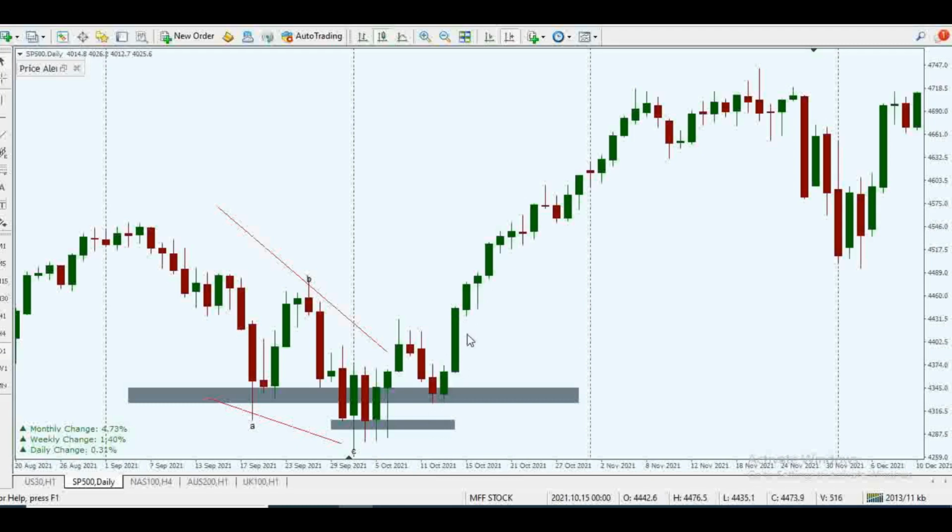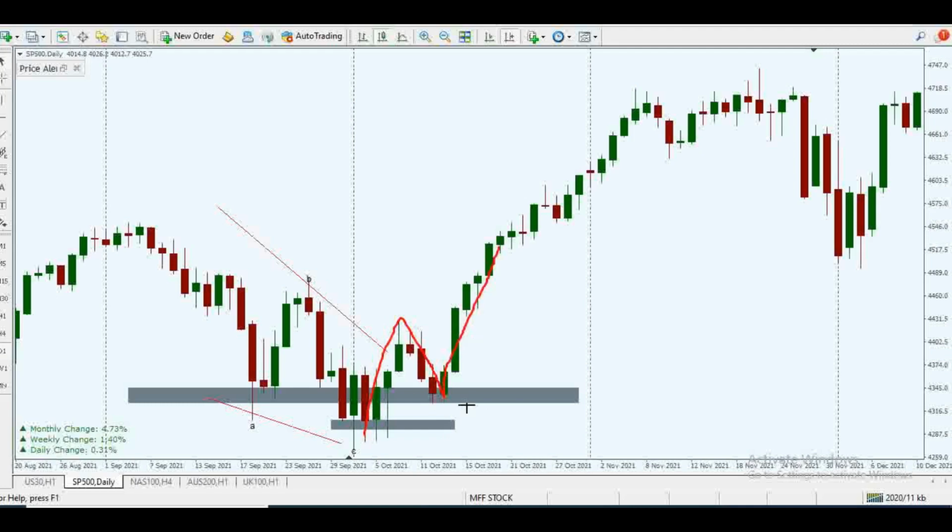That complete reversal happened around the daily support, and at that point a trader can expect that after this breakout, after this impulsive move, the next retracement could be around that support, and you can see nicely it reacted around that support and then price continued upside.